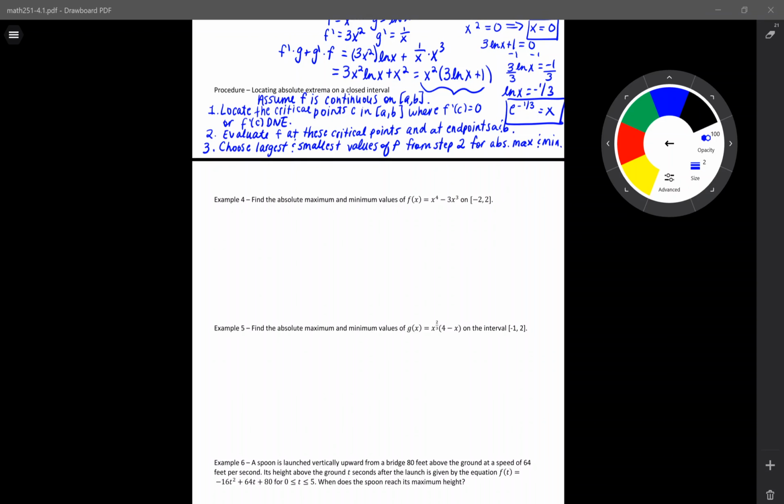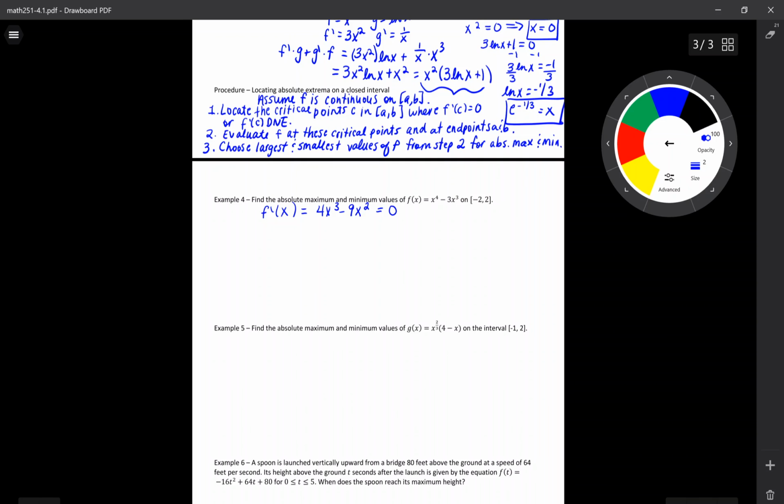So I see here that f prime of x is equal to 4x cubed minus 9x squared, using the power rule there. And first of all, I see that since this derivative is a polynomial, it is defined everywhere. So I don't have to worry about finding where f prime is undefined. So I set this equal to 0.